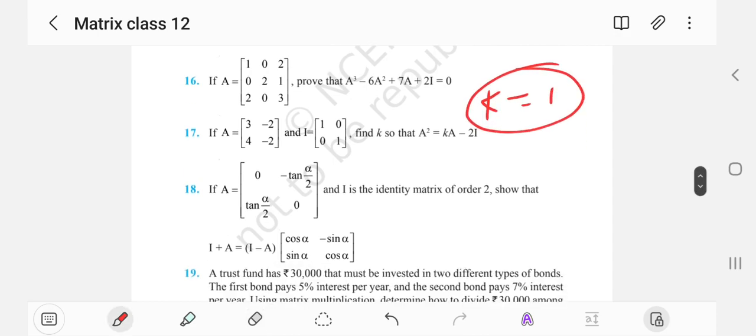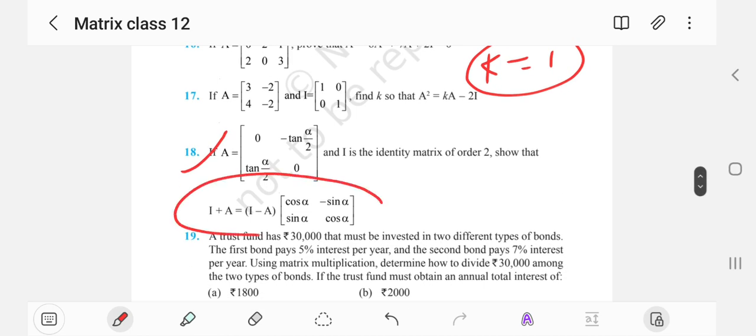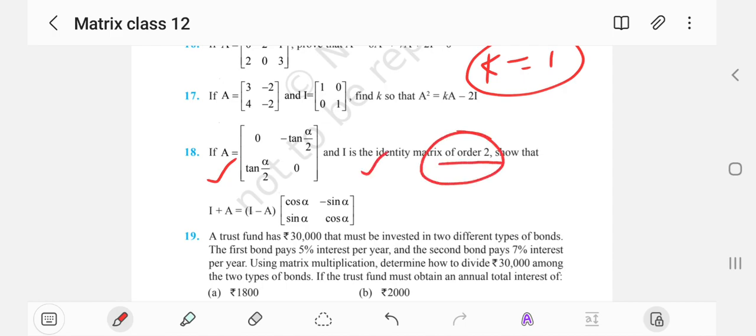Right? Next question. If I see question number 18, here we have to show this thing. I have been given matrix A, and I is the identity of order 2 by 2. It is given order 2. Why is it given order 2?